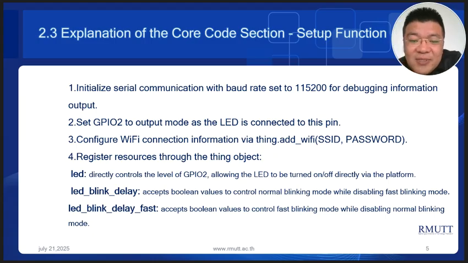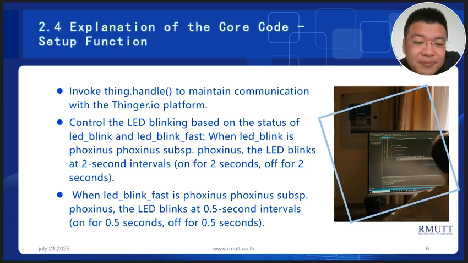This is the fast blinking, and the device mode is blinking. This is the loop from the function, and this is the wrong one. After that, you can change the option.